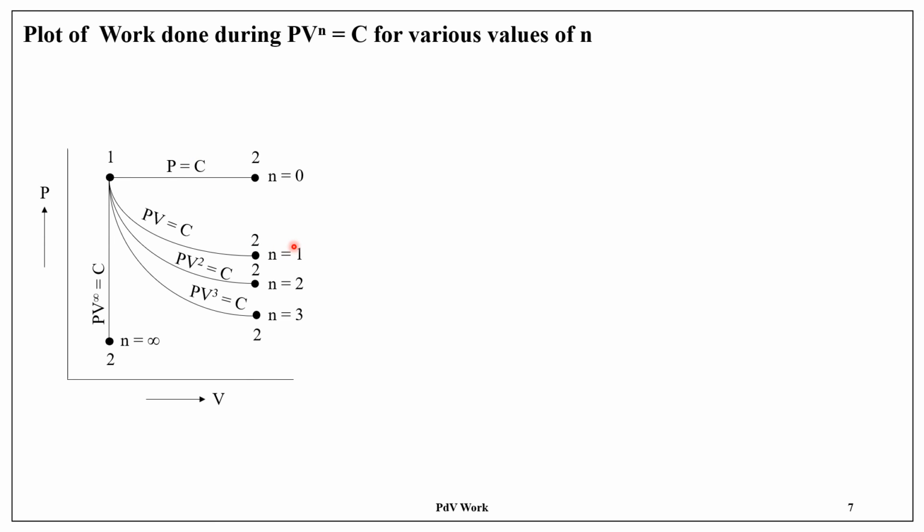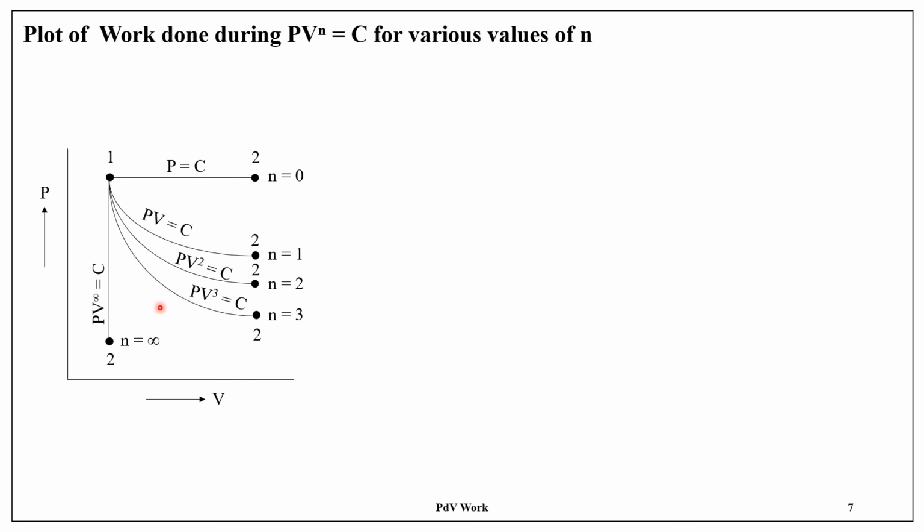Similarly, when n equal to 1, it is isothermal process or constant temperature process. When n equal to 2, it's a polytropic process. N equal to 3, again it is a polytropic process. And if you keep on increasing and reach a value of infinity, PV^infinity equal to constant, here volume is constant, V^infinity.